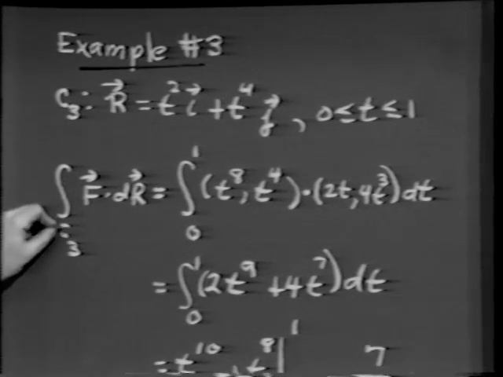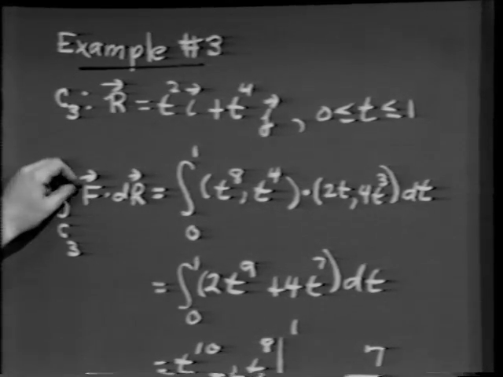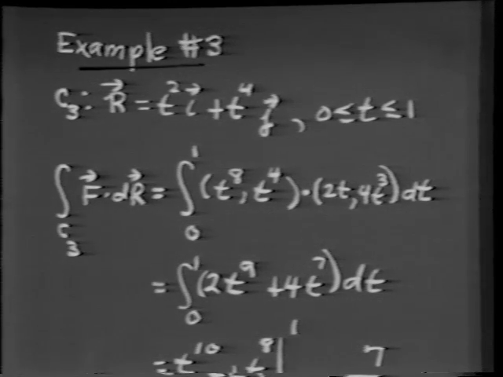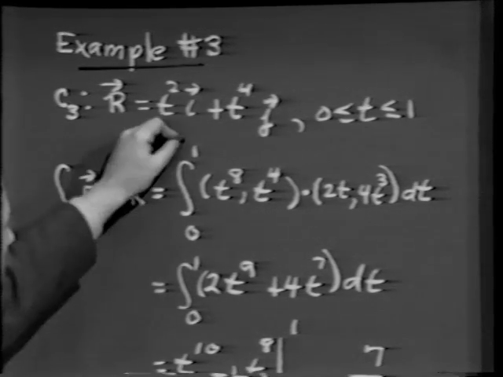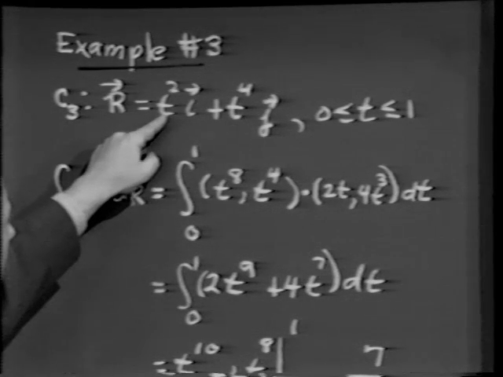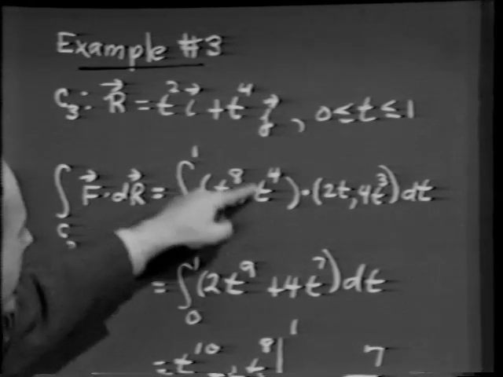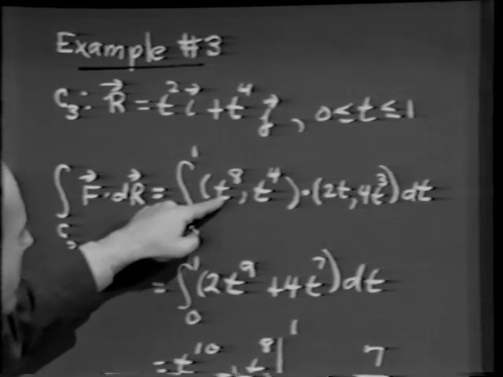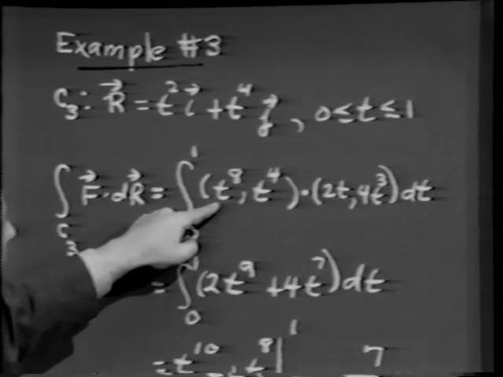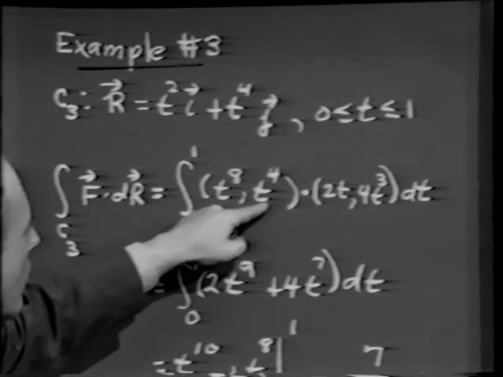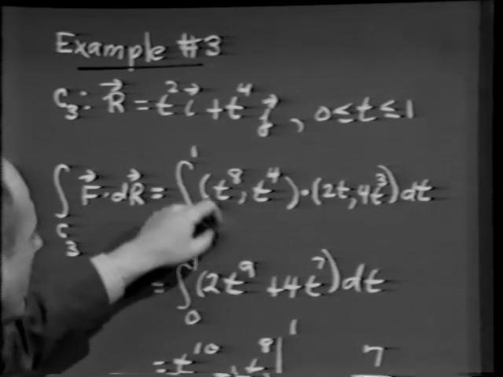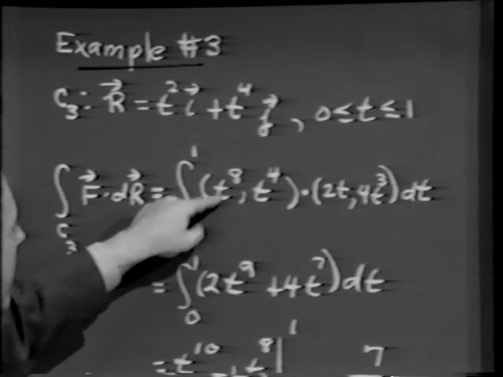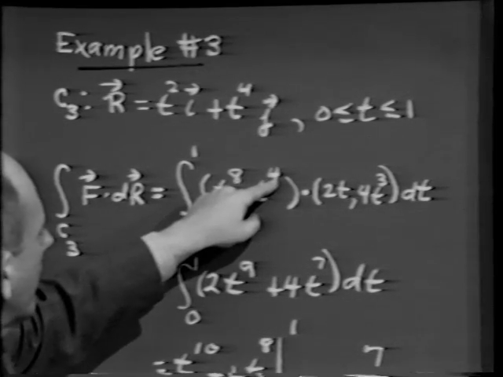So the work done along the curve C3 is given by this particular symbol. To evaluate this, remember x is t squared, so x squared will be t to the fourth. y is t to the fourth, so y squared will be t to the eighth. Remembering that our force is y squared i plus x squared j, written in two-tuple notation, our force is (t to the eighth, t to the fourth).